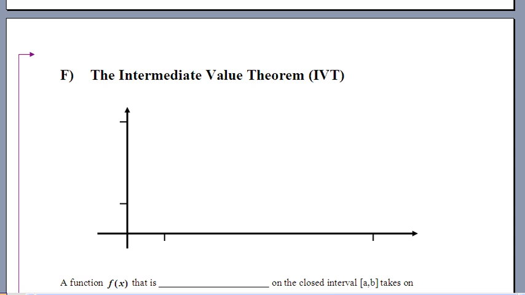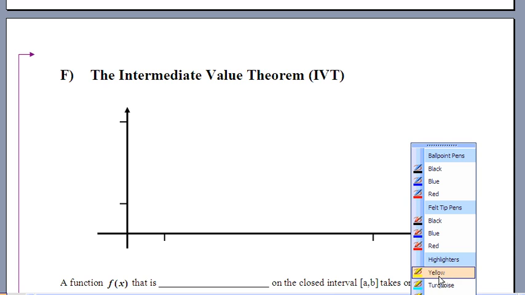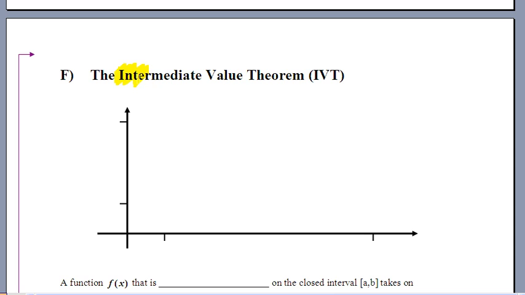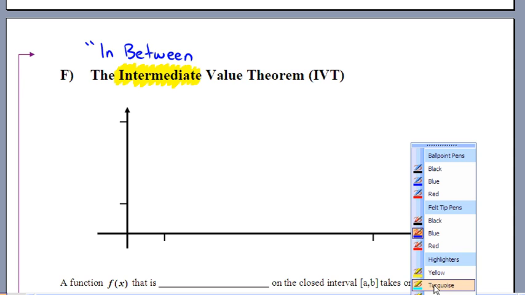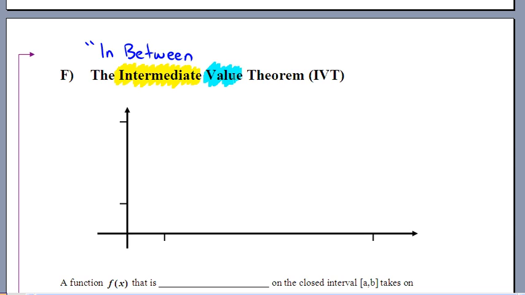It's called the intermediate value theorem. The word intermediate in this context means in between. So I'm going to put this in common language. This is the in between, and then value, when they're saying there's some sort of value, that's actually going to be a y value. So this is the in between y value.